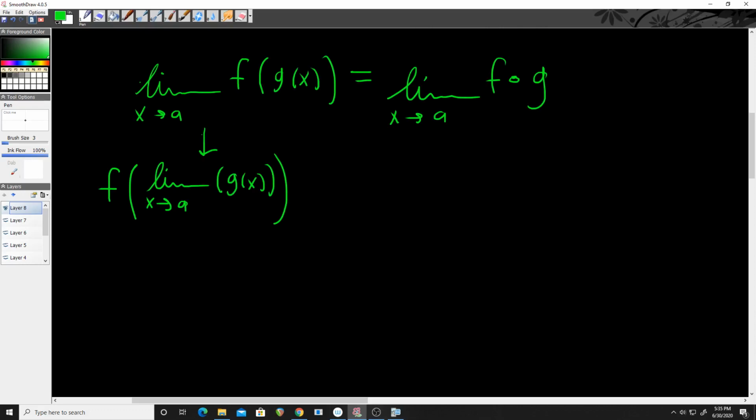I don't want to be too crazy about it. Let's say, for example, f is something like x squared minus 5x, and g of x is 3x plus 7.